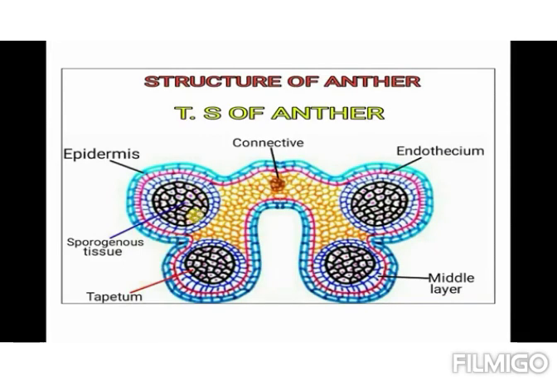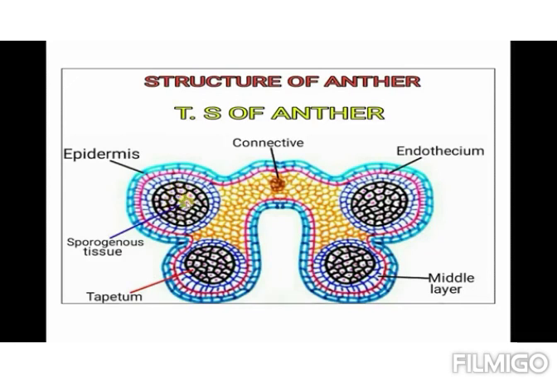So this sporogenous tissue or microspore mother cell, which is diploid, goes for meiotic cell division, and after this meiotic cell division it produces microspores or pollen grains, which are haploid in nature because they are formed after meiosis. The microspores are present inside this microsporangia, also called the pollen sac, in the form of tetrads.